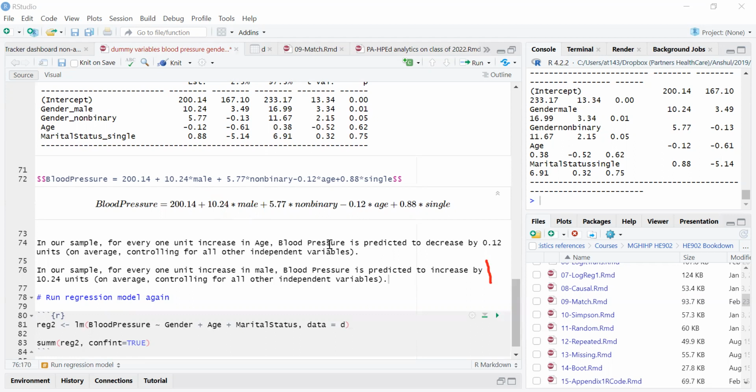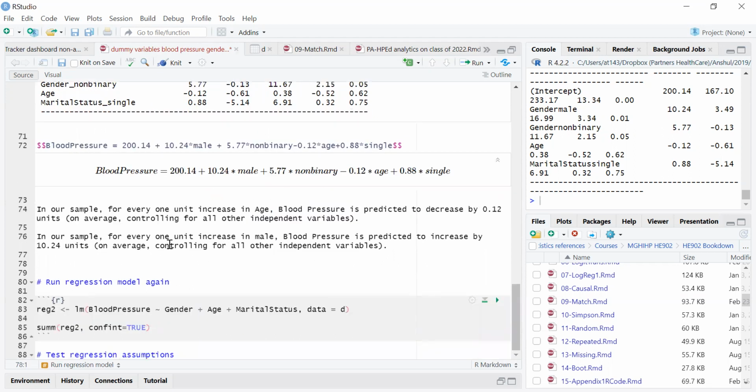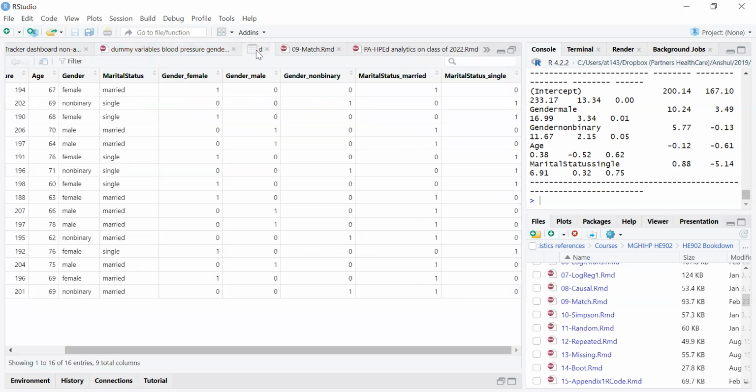So what does this actually mean, though? What does a 1 unit increase in male represent? Okay, let's go back to our data and try to figure that out. Ooh, and let me save my work here, very important. Okay, over to the data set. Let's check this out. A transition from being 0 on male to 1 on male. What does it mean?